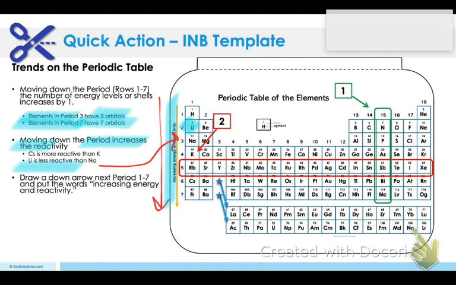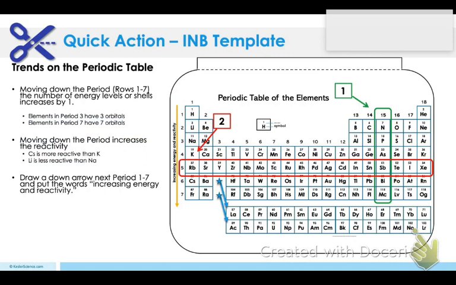It increases the reactivity as you go down. So sodium is below it, so the reactivity is going to increase. Make sure that you draw a down arrow next to period 1 through 7 and put the words increasing energy and reactivity. When you're done with that, go ahead and click to the next slide.